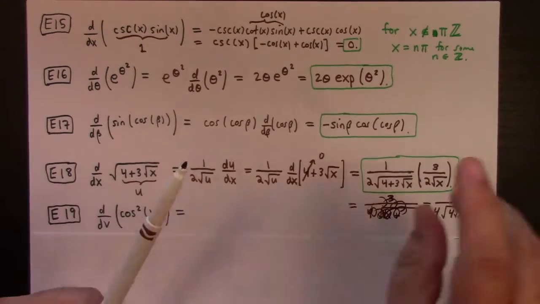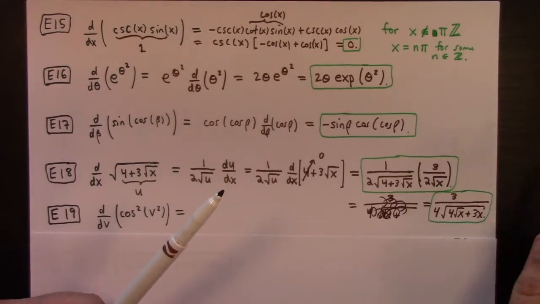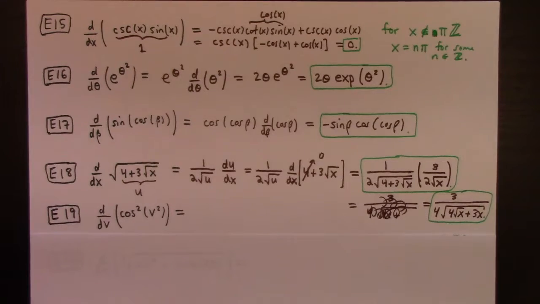Oops, forgot my 4. So 3 over 4 times the square root of 4 square root x plus 3x. So I guess that's simpler. I don't know. Anyway, that is another way to write that.